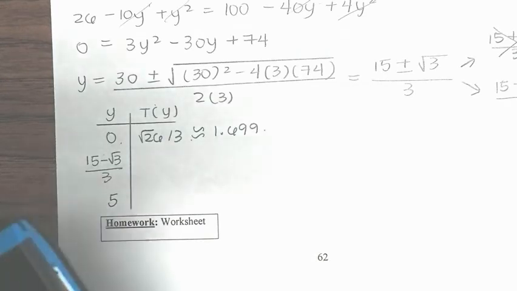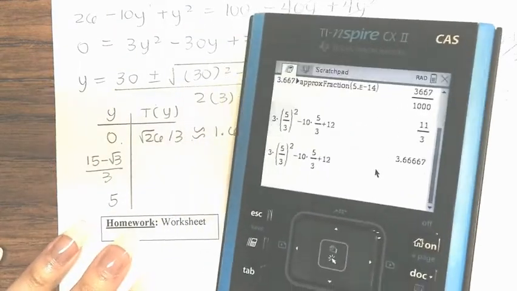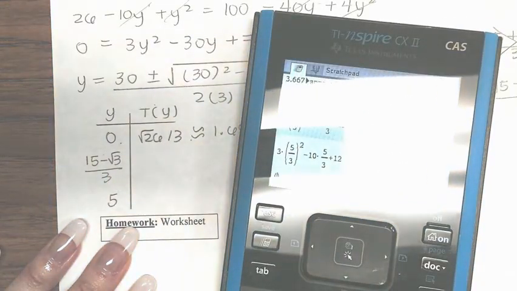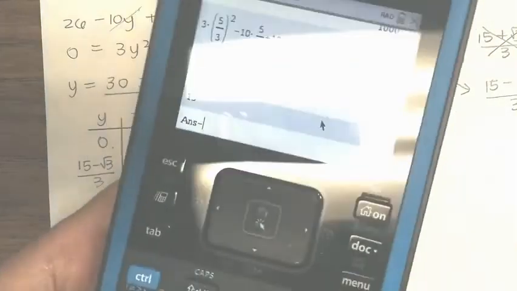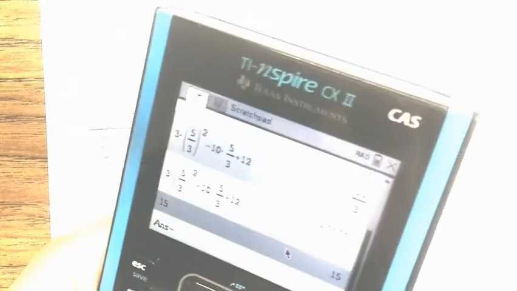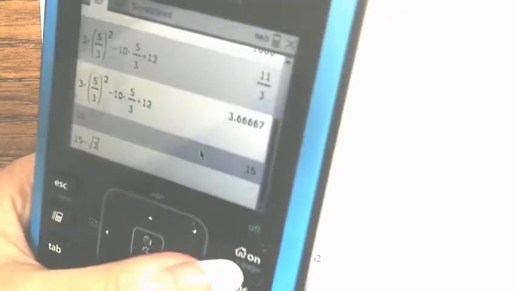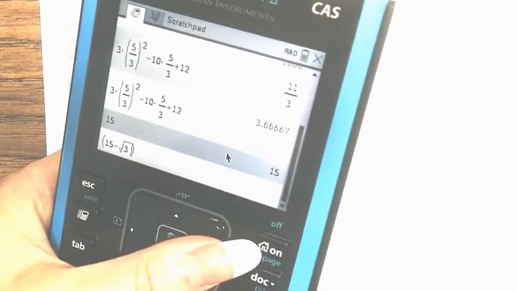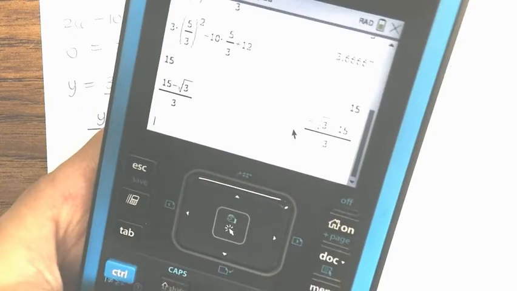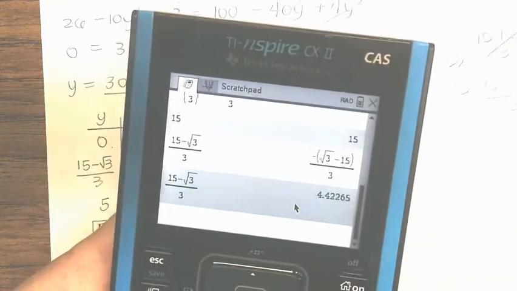If I plug that one into my equation, what was it, 15 minus root 3, and then I'm going to divide everything by 3 so I can have the decimal. Okay, so we have the decimal there. So I'm just going to copy the decimal to the equation.